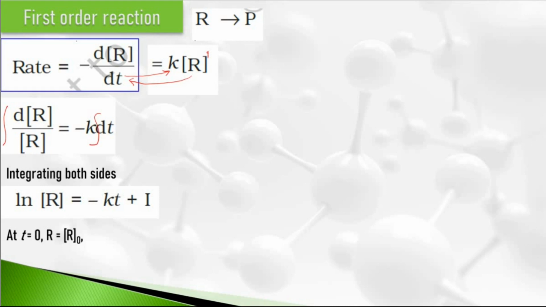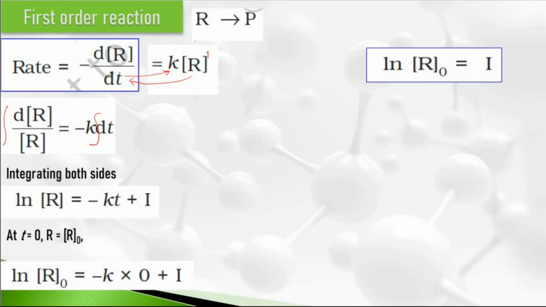By substituting these values in this equation, we get ln of R naught is equal to minus K into 0 plus I. So the value of I comes as ln concentration of R at time 0, that is R naught.